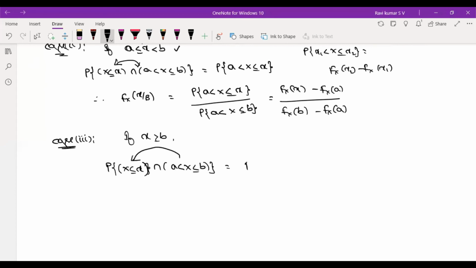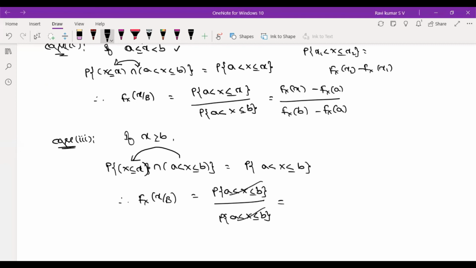So the common element is a less than or equal to X less than or equal to b. Therefore F_X(x|B) is equal to the probability of a less than X less than or equal to b divided by the same term in the denominator, and the common terms cancel, so you get the value 1 for x greater than or equal to b.